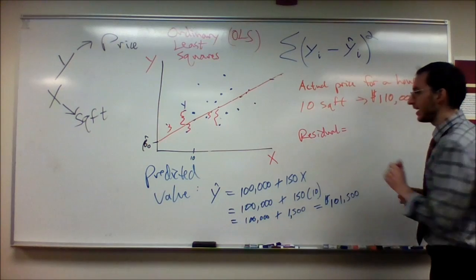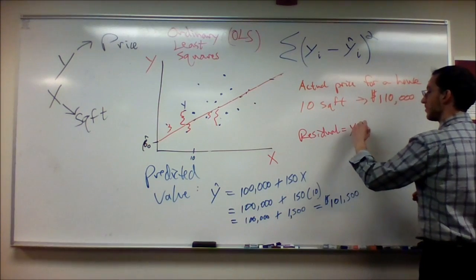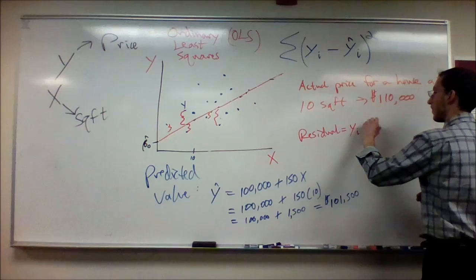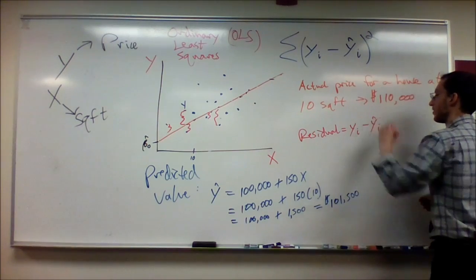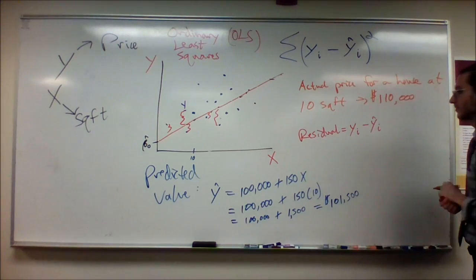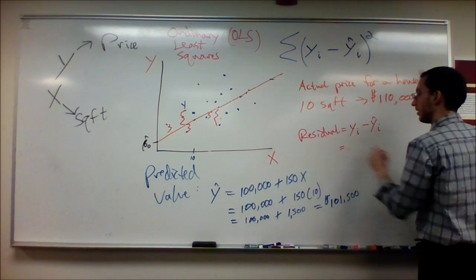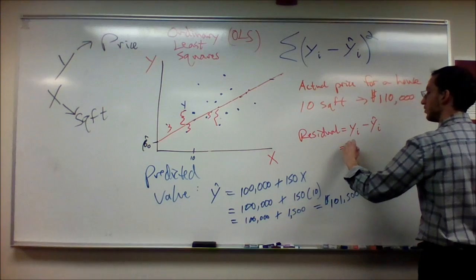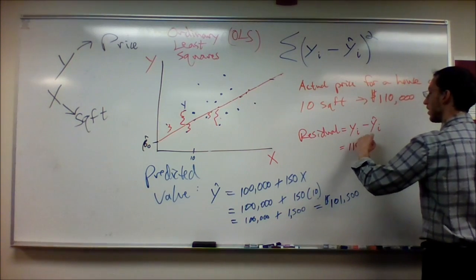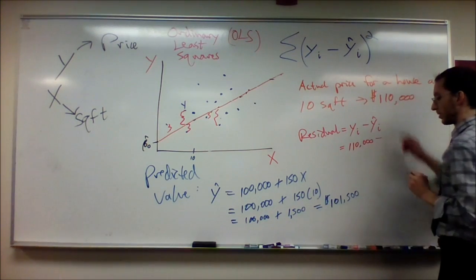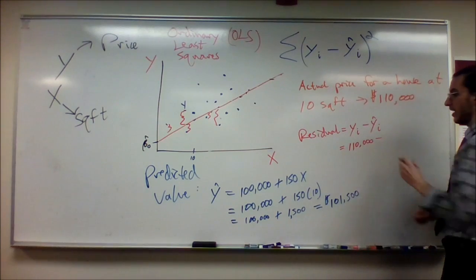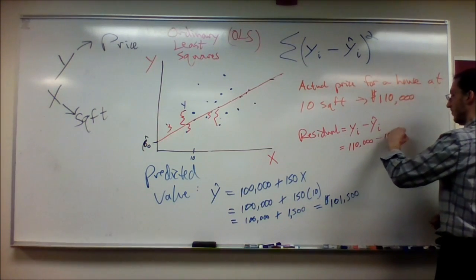The residual is just the actual value minus the predicted value. And in this case, the actual value is 110,000. The predicted value is 101,500.